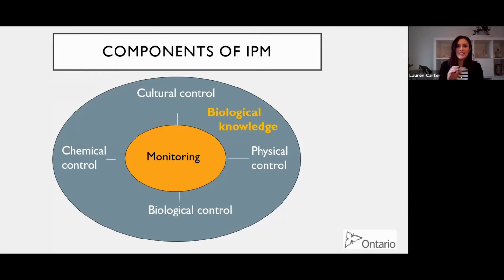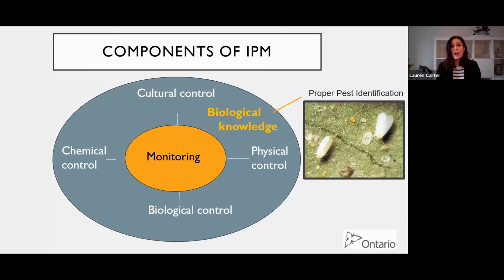It really fills out the space in between in all of these categories, because if we don't know the biology of the pest, we don't know what it's attracted to, we don't know how big it is in terms of can it fit through screening, where does it live on the plant so we know how to hit it properly with chemical coverage, all of those kinds of things, then none of these things will work. So biological knowledge is sort of the linchpin that makes all of this function.